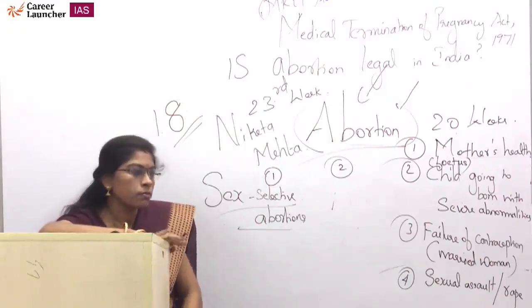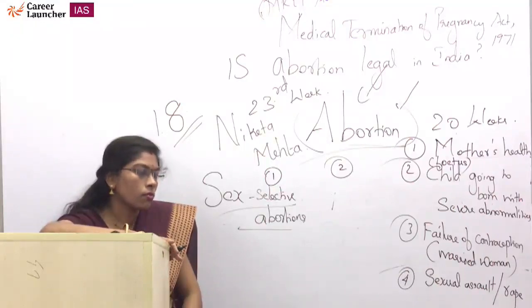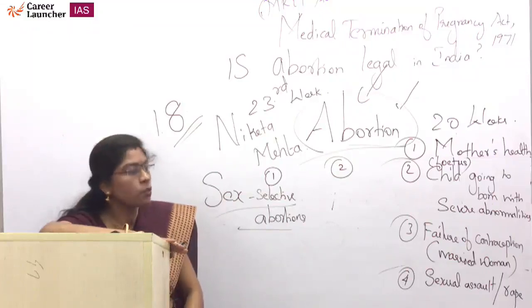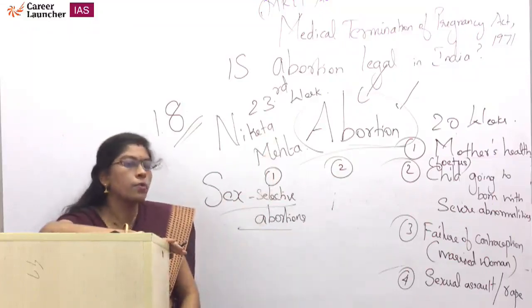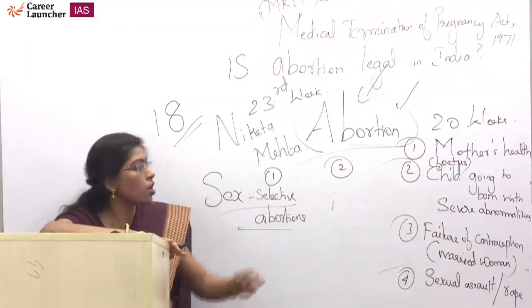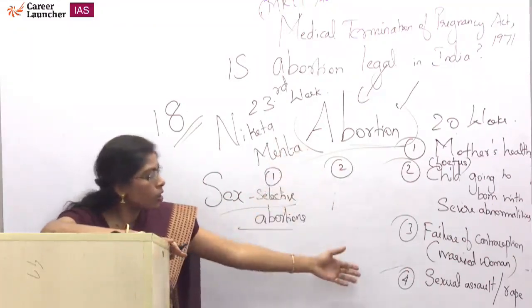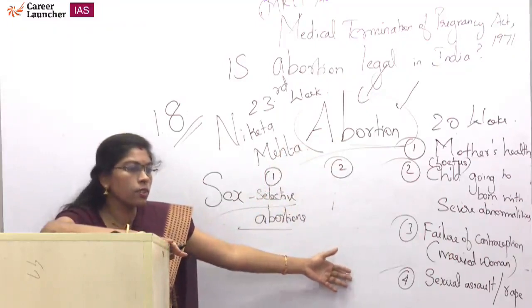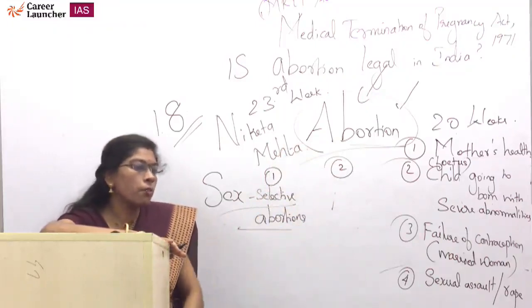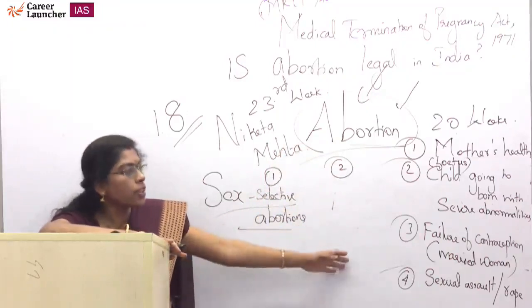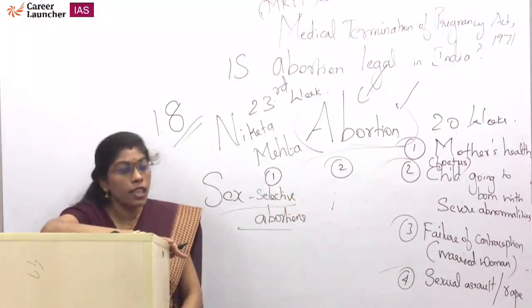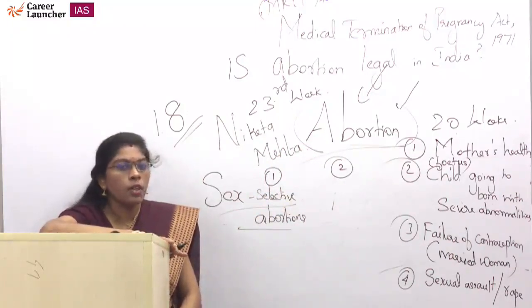These 4 conditions pertain to cases within 20 weeks only. That is why there are a lot of cases pending in court. The girl who has crossed 20 weeks and was raped inside the family, the family members caused that to her, and she has crossed 20 weeks and was not allowed to terminate.